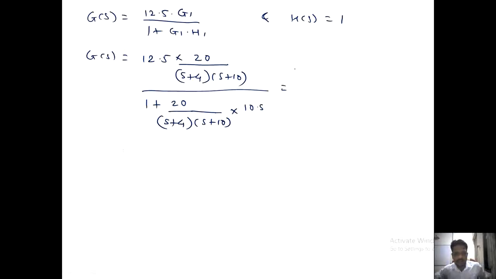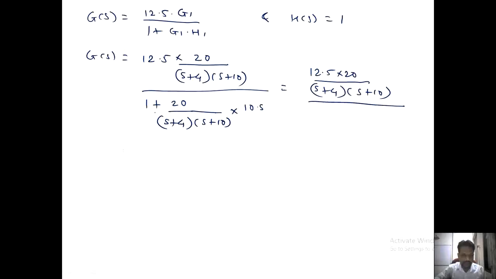Look here, I am keeping the numerator as it is, 12.5 into 20 by s plus 4, s plus 10, divided by cross multiplication.